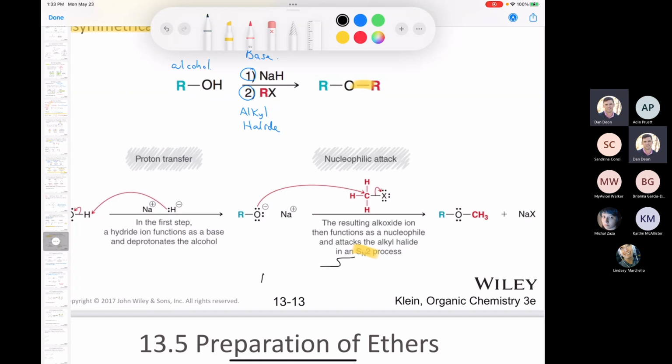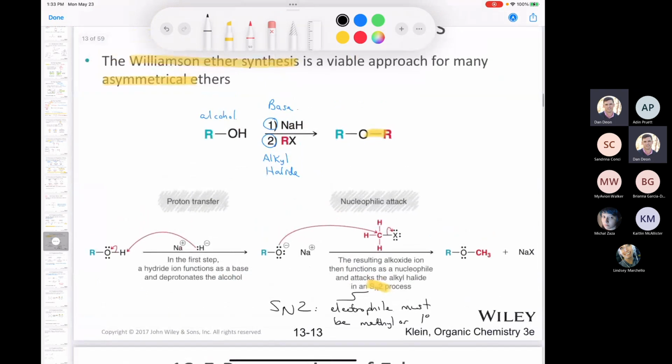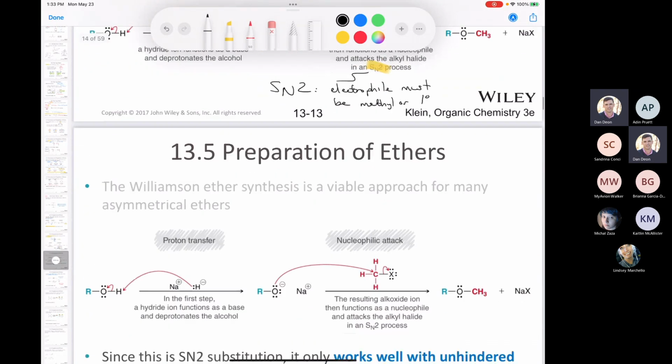Because if it's SN2, this step, that means the nucleophile is going to attack the electrophile, but the only way it's going to work is if the electrophile must be methyl or a primary alkyl halide. If you have a secondary alkyl halide, you will get some substitution, but you'd mostly get elimination.